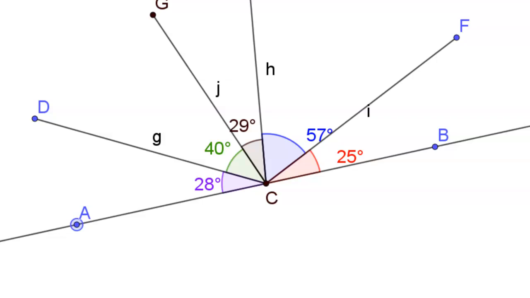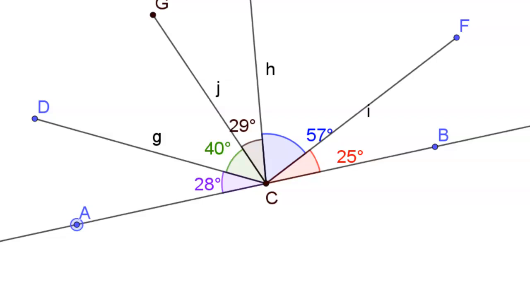Now I want you to take your time and try adding all these angles, and let's see the value. Pause the video for a while and do this. You realize that all the angles add up to 180.